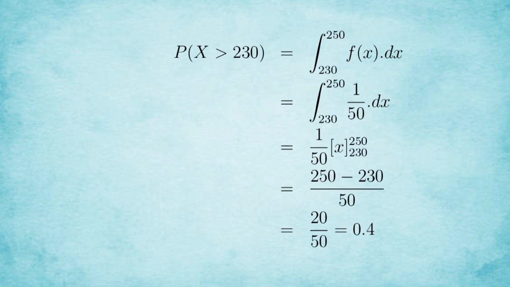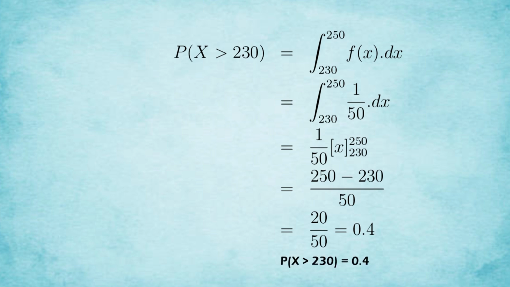Now, probability of x greater than 230 is equal to the integral from 230 to 250 of f of x dx, which is equal to the integral from 230 to 250 of 1 by 50 dx, which is equal to 1 by 50 into x in the limits 230 to 250, which is equal to 1 by 50 into 250 minus 230, which is equal to 20 by 50, which is equal to 0.4.